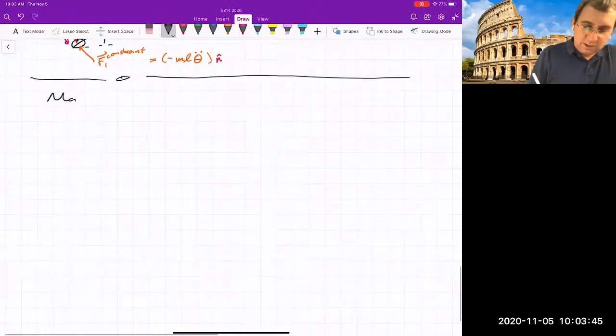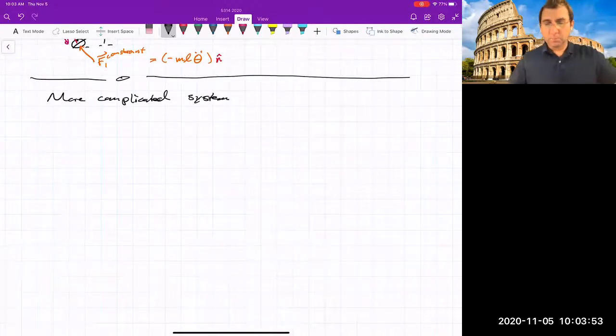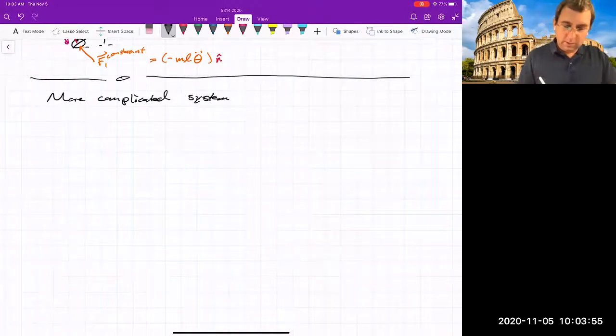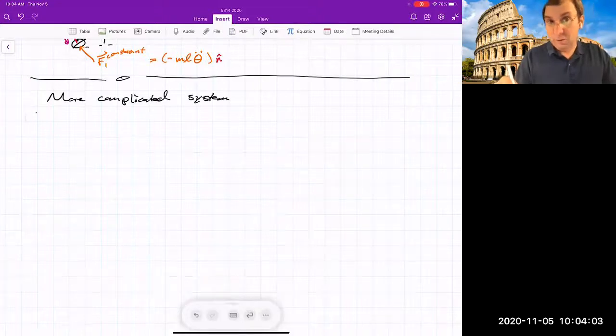Here's a more complicated system. And so some mechanicians in the 80s got inspired by a kid's toy, and there's this really awful commercial from like 1984 that you could look up.